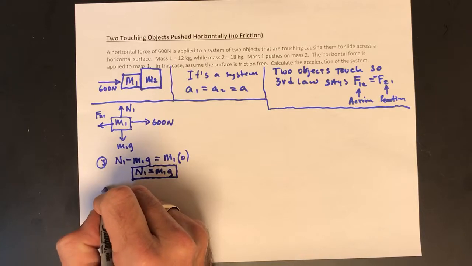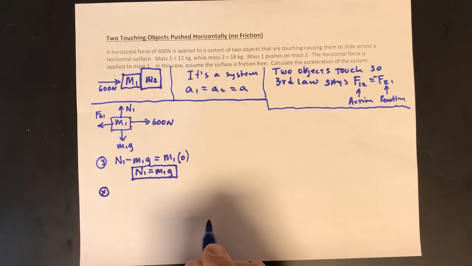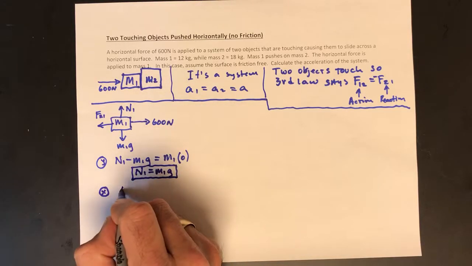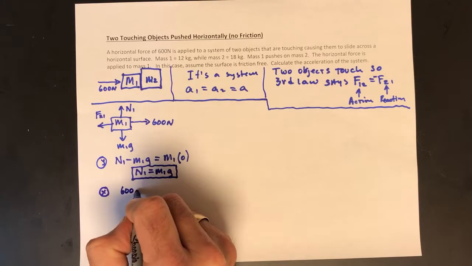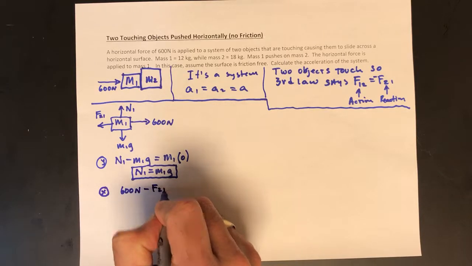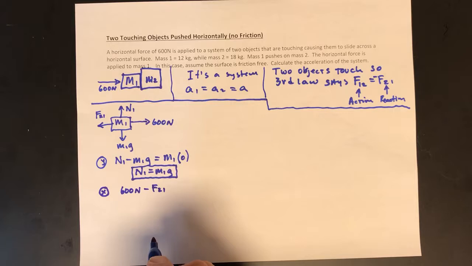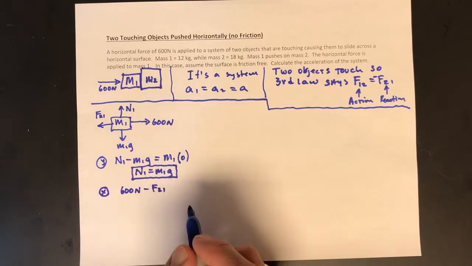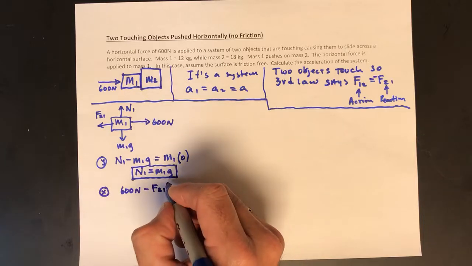This time it's simple. In the x direction we apply Newton's second law also. We have 600 newtons pulling to the right, and then we have the force of object 2 acting on 1, preventing or slowing down or retarding the motion of object 1.